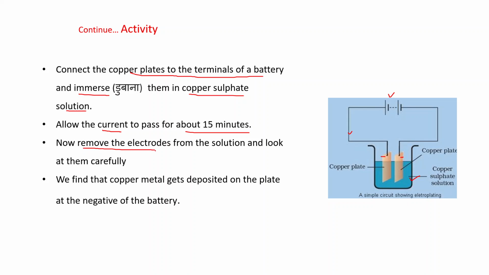Now remove the electrodes from the solution and look at them carefully. We find that copper metal gets deposited on the plate at the negative terminal of the battery. Again remember, copper metal gets deposited on the plate at the negative terminal of the battery.